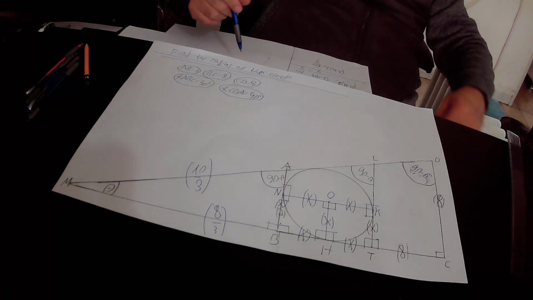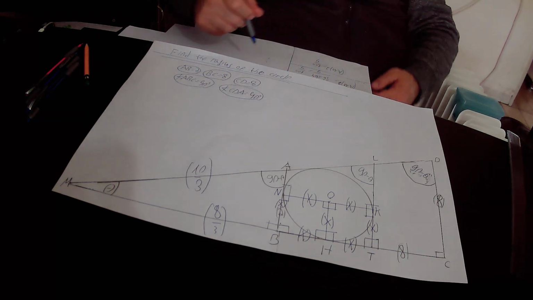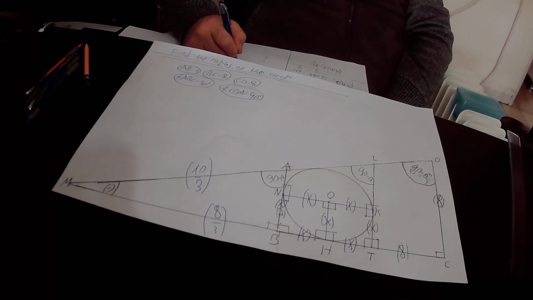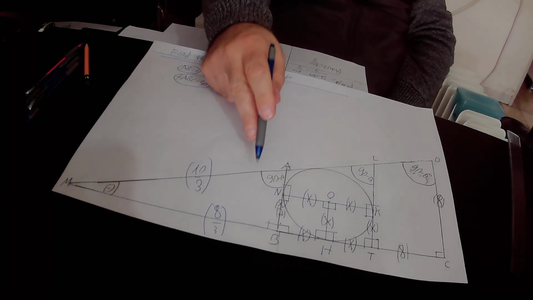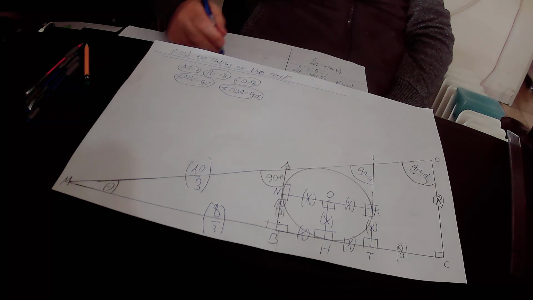So I'm writing down the right big triangle LTM is similar to the right small triangle, this right small triangle MBA.